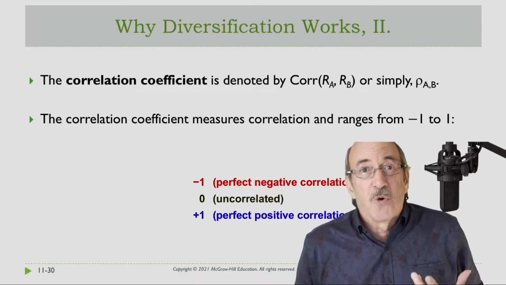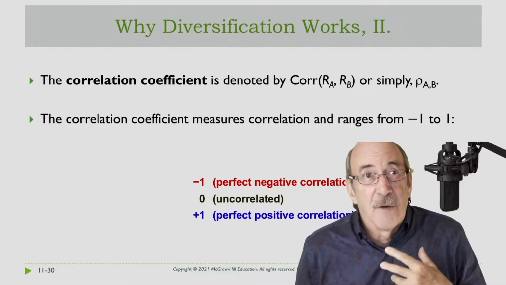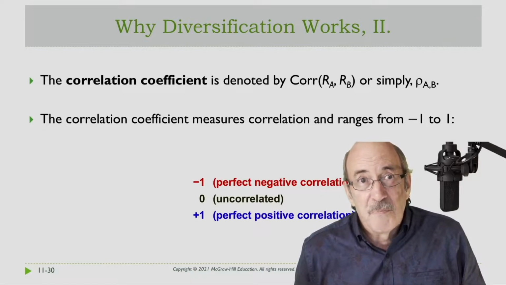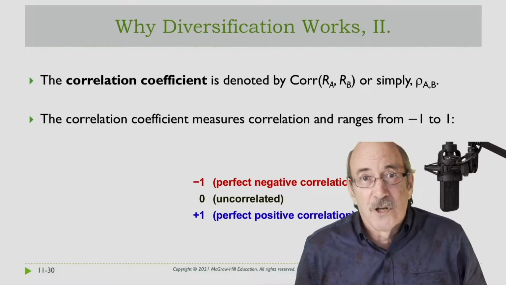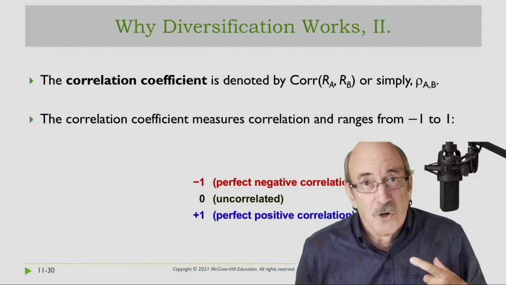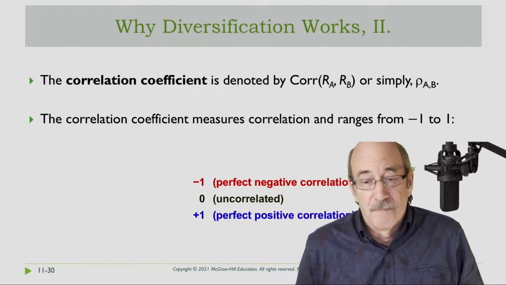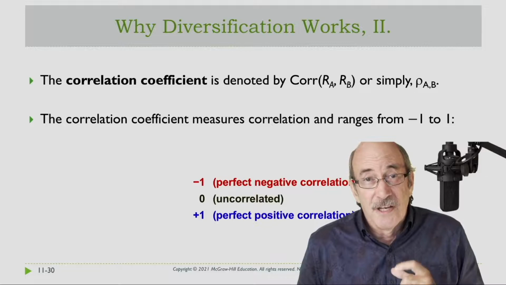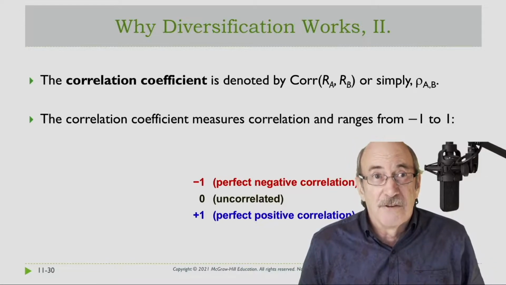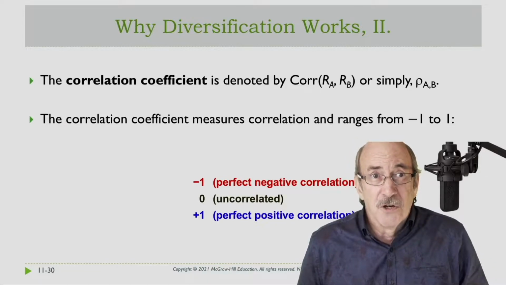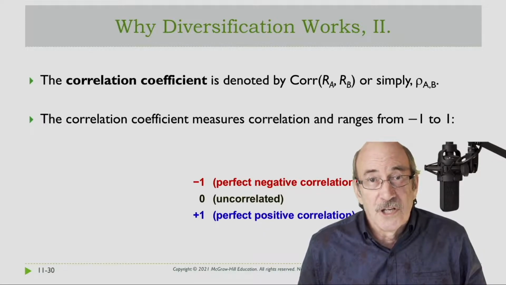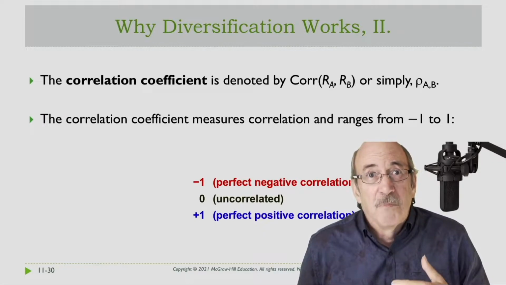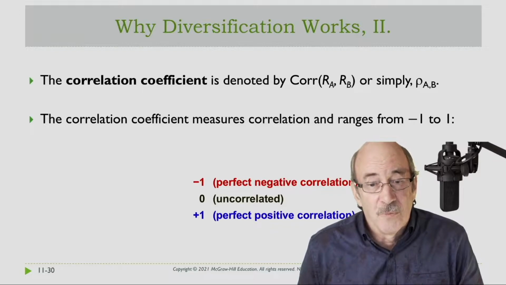The nice thing about correlation is that it's a bounded measure. By bounded, what I mean is that it doesn't go below -1 and it doesn't go above +1. So +1 is perfectly positively correlated. -1 is perfectly negatively correlated. And at 0, there is 0 correlation. There is no relation between two variables.